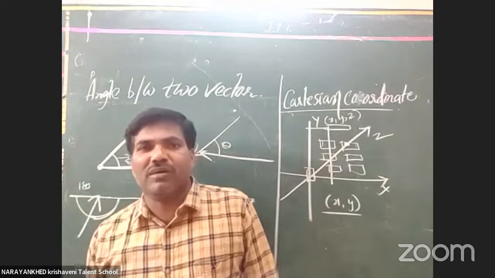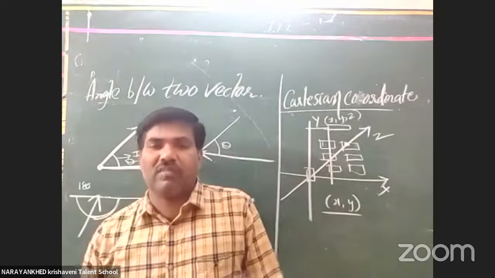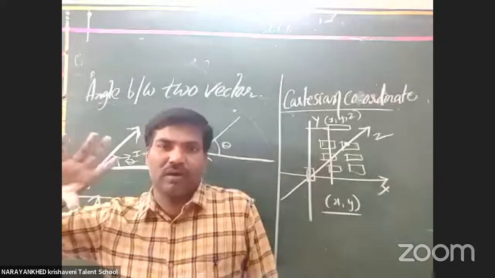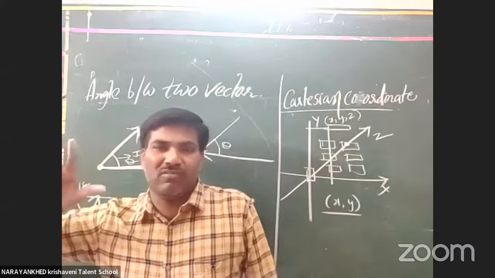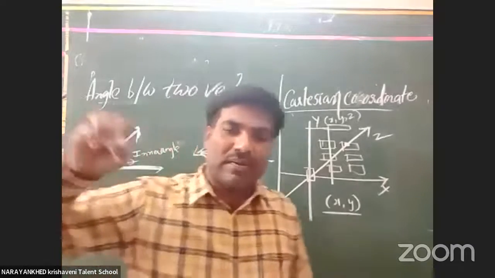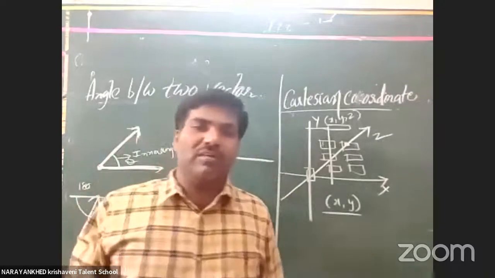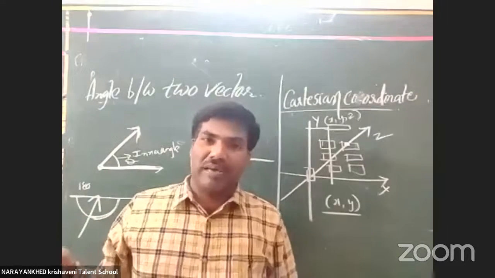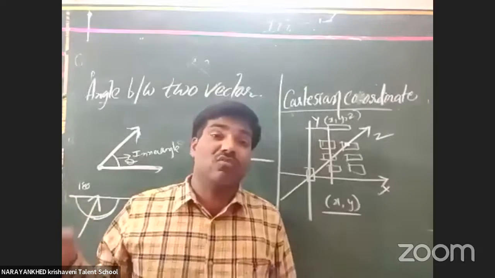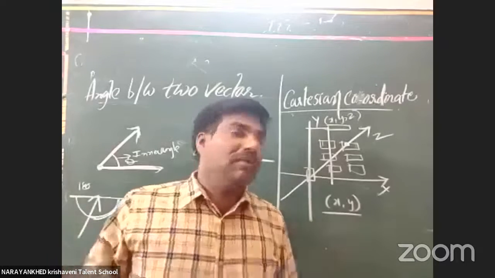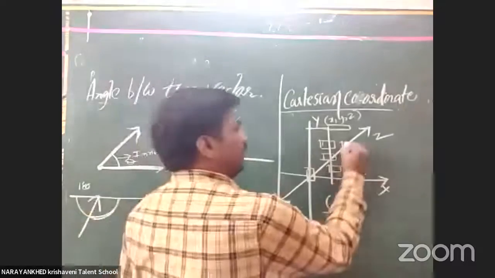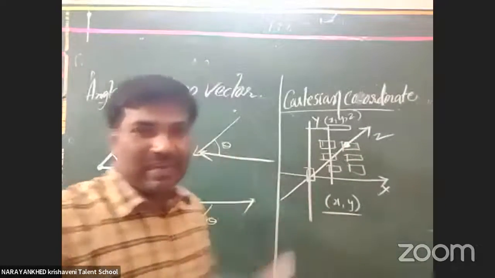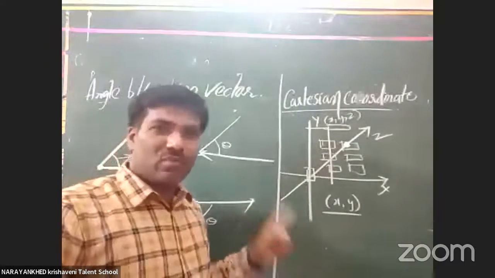But in physics, there are also three-dimensional bodies, suppose a globe, a sphere, or a cone. These are three-dimensional things. At that time, we consider the position of the bodies with respect to the x-axis, y-axis, and z-axis, taken at one particular point. That point is called the Cartesian coordinate. The x-axis based value is the x coordinate.